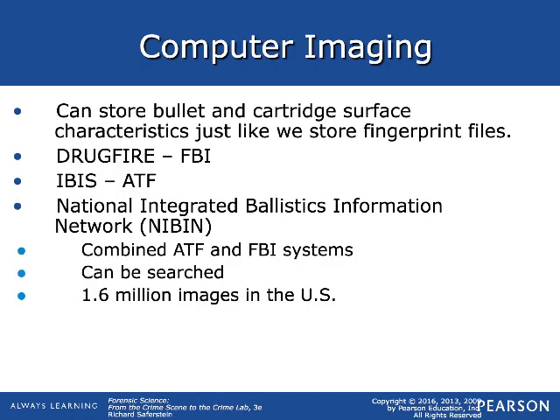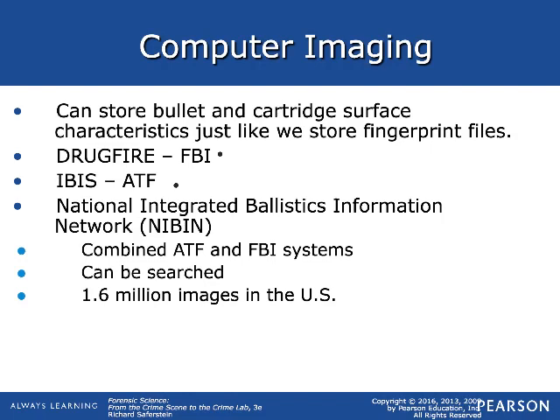Okay, now there's computer imaging that's done so that you can store the information, so you can store pictures of bullets that are fired. You can store bullet and cartridge surface characteristics just like we store fingerprint files. There were 2 initial databases. One is called DrugFire, and that was FBI.